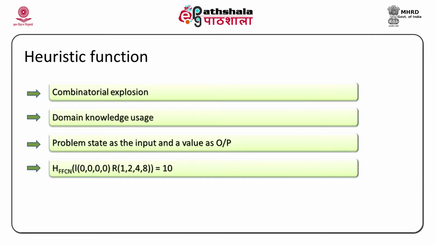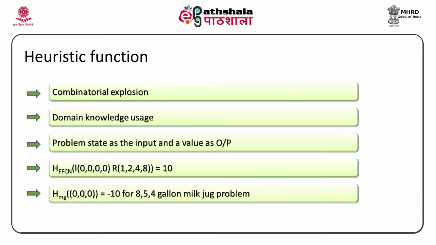Suppose I design a heuristic function for the Farmer-Fox-Chicken problem. Assume that such a function exists. If everybody is on the right hand side and nobody is on the left hand side, that means it is 10, it is a win for us, the problem is solved.